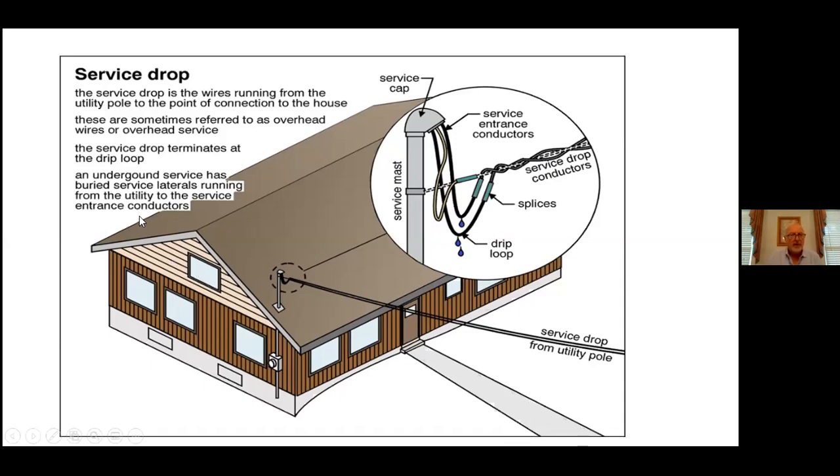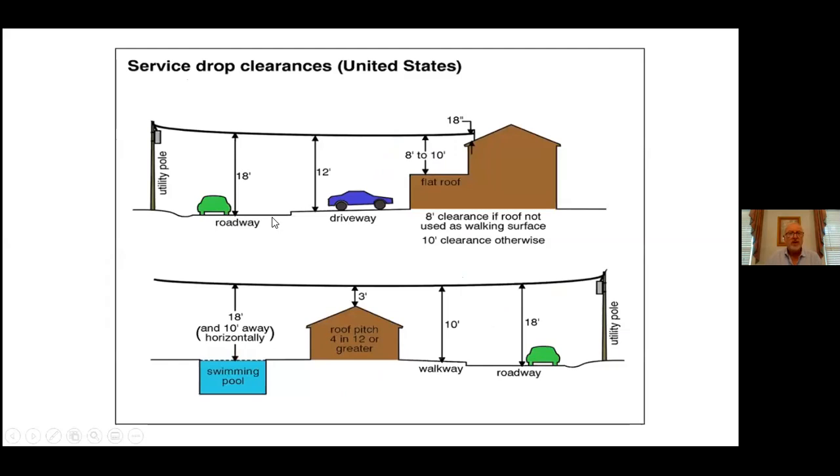So we move on to the next one here. These are the clearances that are required in the US. Coming from the utility pole, if we're over the roadway, we need a minimum of 18 feet. Over a driveway, we need 12 feet of clearance. If we have a two-story house, or a flatter area on the home, 8 to 10 feet.